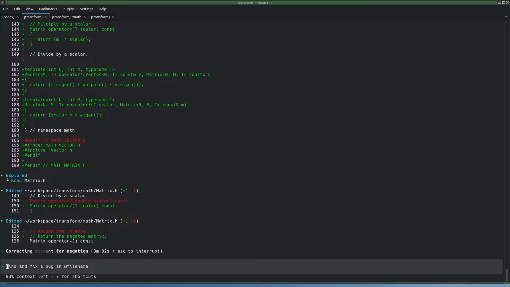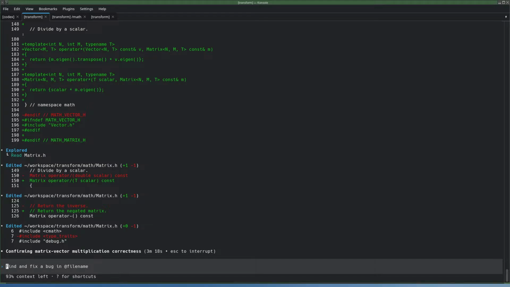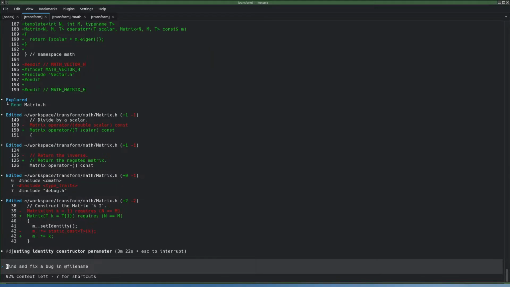Plus, it does fix the headers as well. So I removed already a few, but type traits was also no longer needed apparently.